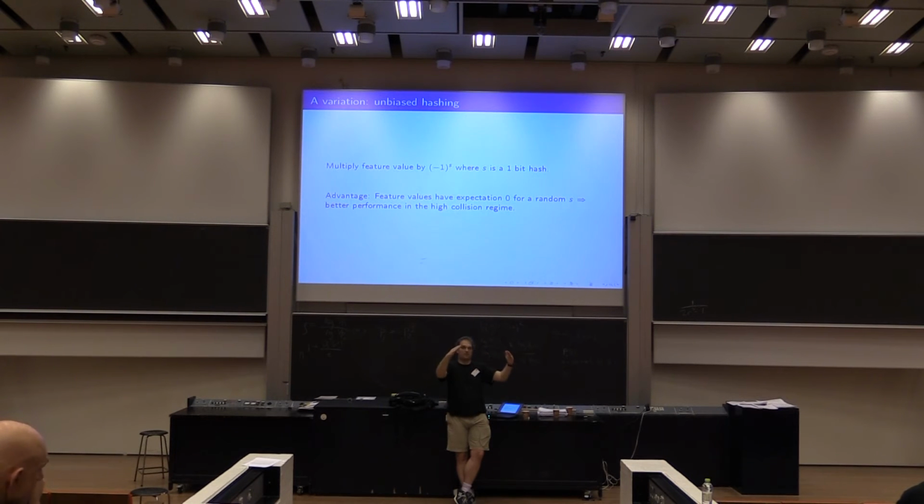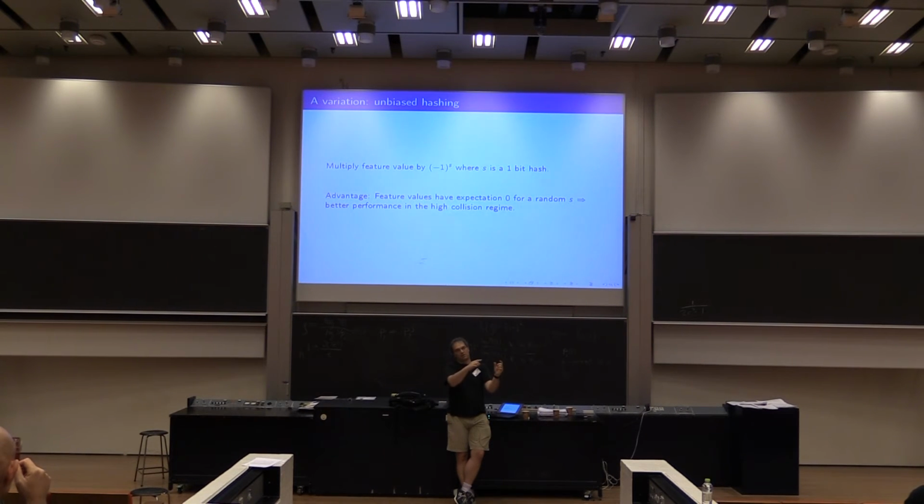But we have collisions. That means that entries collide on top of each other. So we could think about taking a dot product between that vector and some other vector in the original space or in the collided space, right?